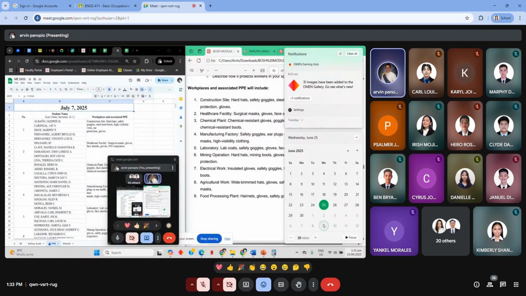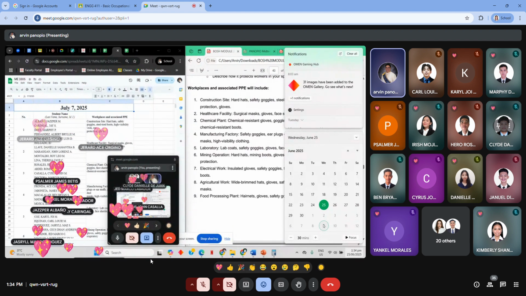So this PPE modeling is part 1 of your midterm exam because this will be 50 points of your exam, and another 50 points for the written exam on July 9. Okay po. Kindly click the heart react if nagets po. Any questions po?